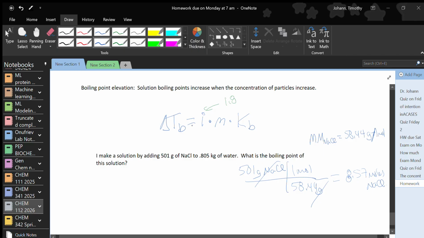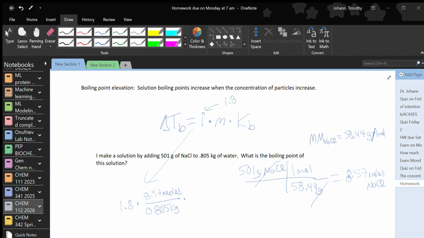And so I'm going to take my equation down here. I've got 1.8 times the molality, which is 8.57 moles divided by 0.805 kilograms of water. This might actually be too much sodium chloride to go into water, but we're going to pretend that it does, okay?